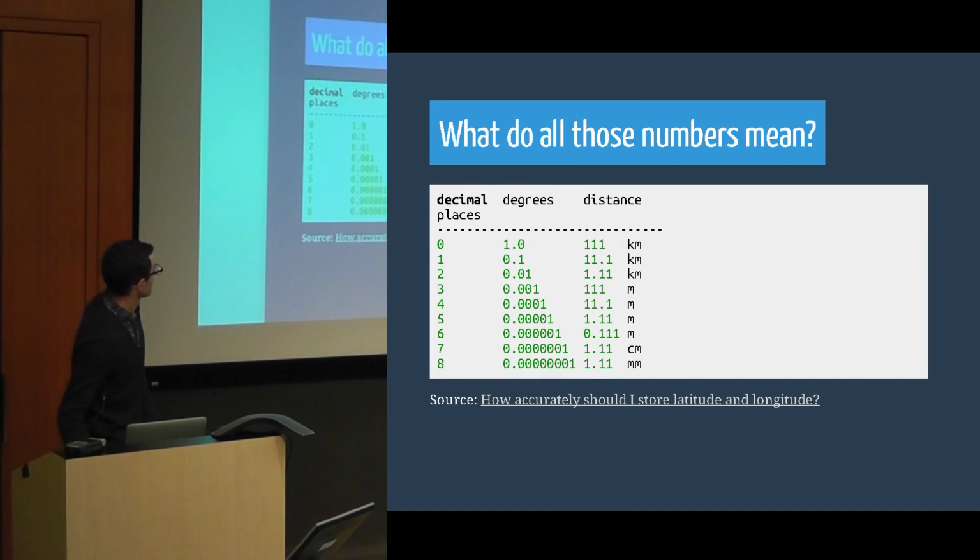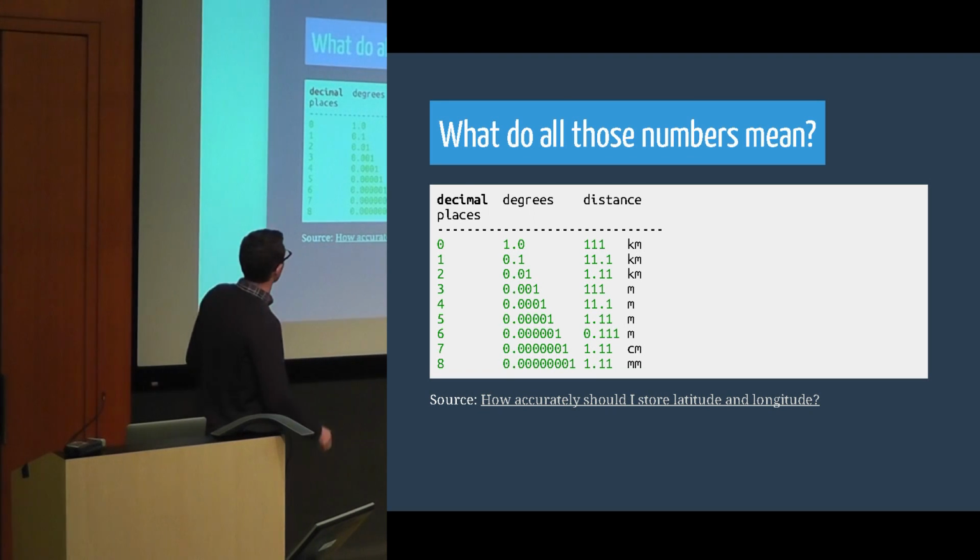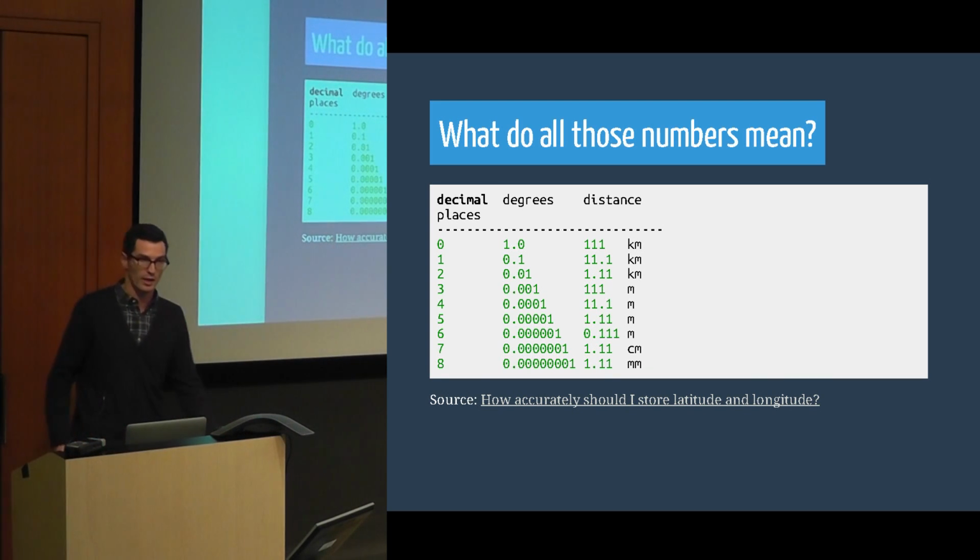This is something that we found on Stack Overflow, showing how accurate something is based on the number of decimal points you have. So on this line right here, 4 decimal places means that you are accurate within 11.1 meters, and 5 decimal places would be accurate within 1 meter. So fairly accurate for nearly any application that I can imagine.